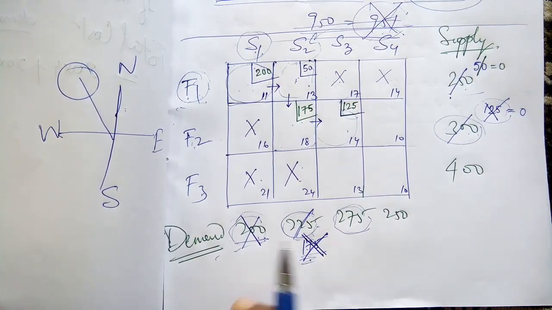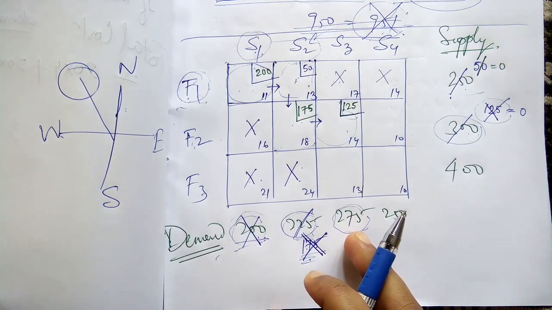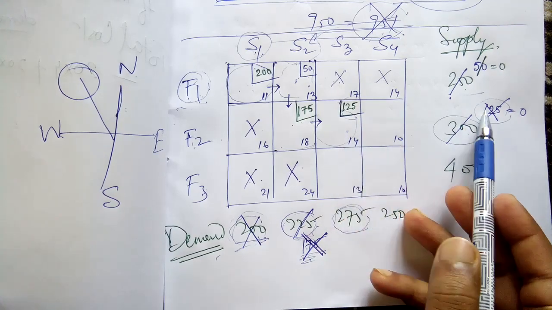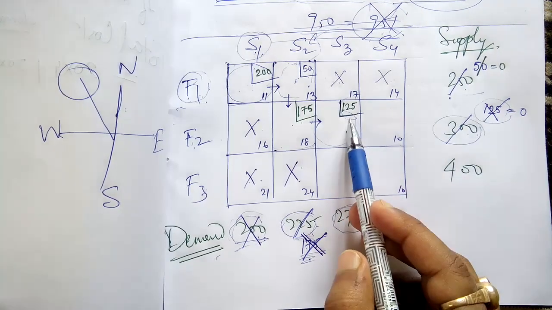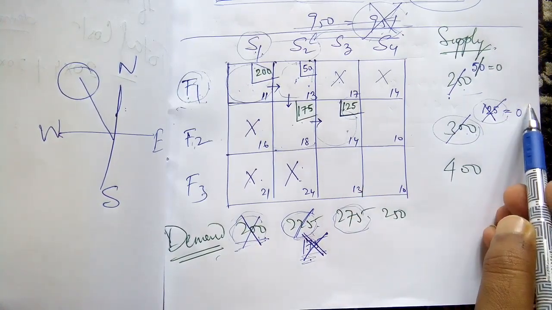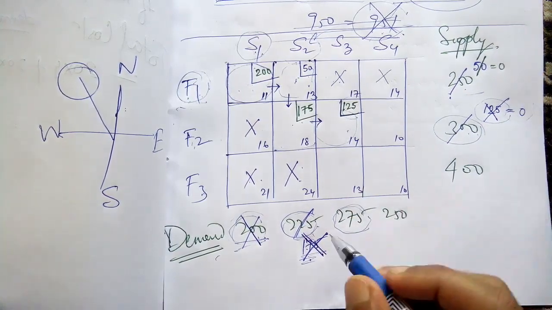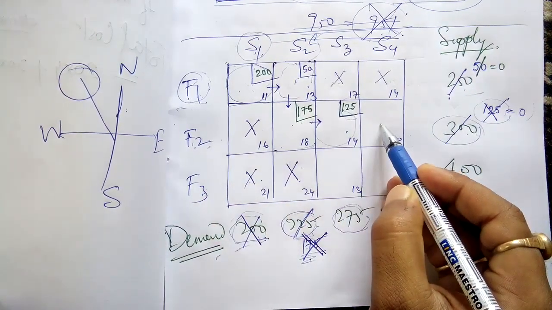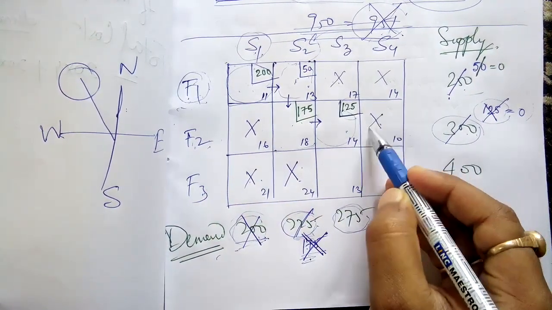Have you understood? Store number 3's demand is 275. But what to do? Factory 2 can supply only 125 goods. So it will supply all the goods it has. Now what is the goods left? 0. Now what is the amount of goods factory 2 will supply to store number 4? Cross.